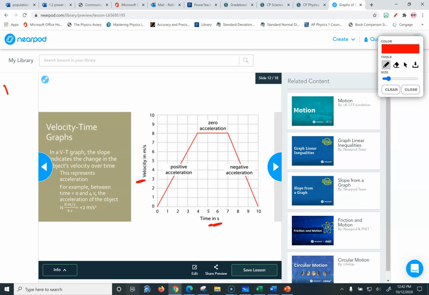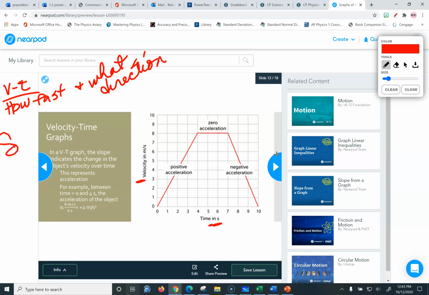So over somewhere on the side, make a little note. Oh, this is a VT. This graph tells me, instead of where I am, it tells me how fast and what direction. And then the slope tells me if I have positive or negative acceleration.